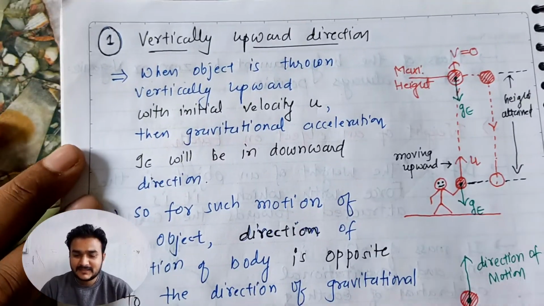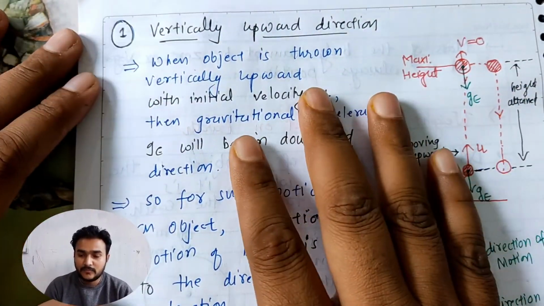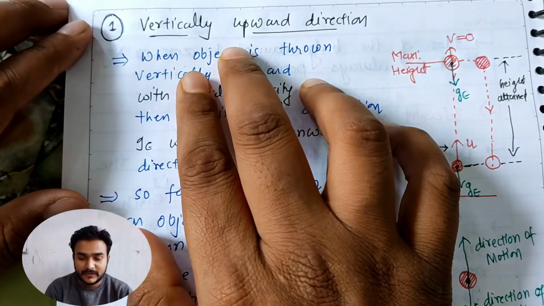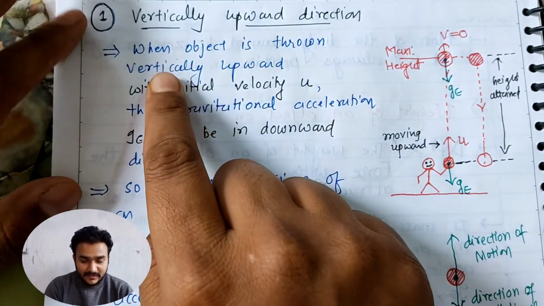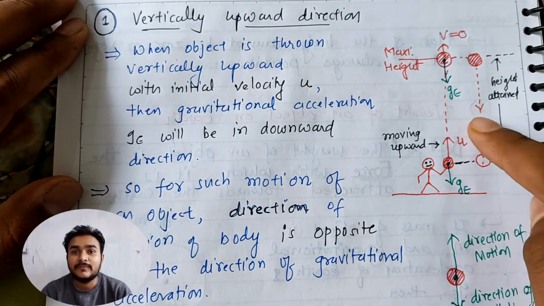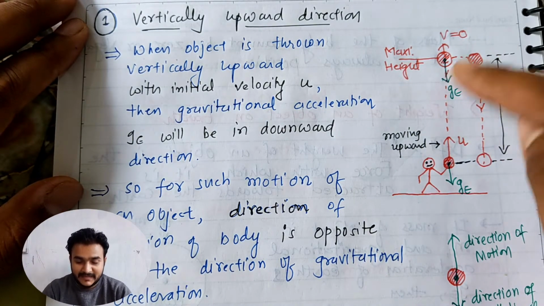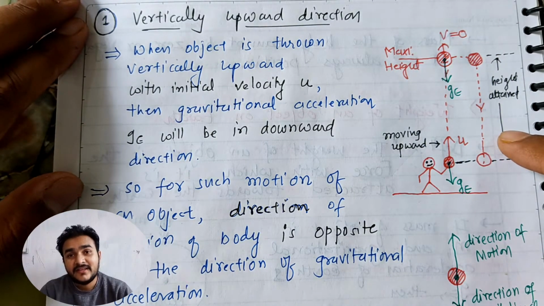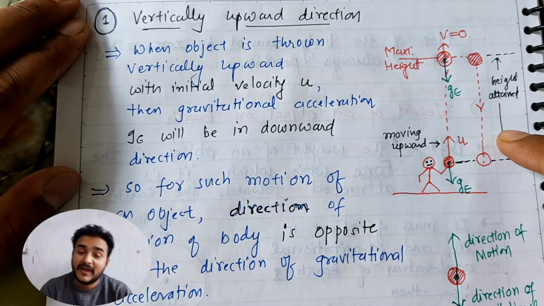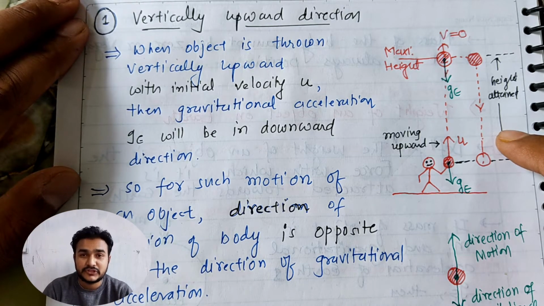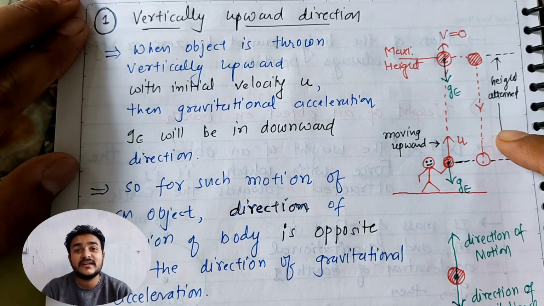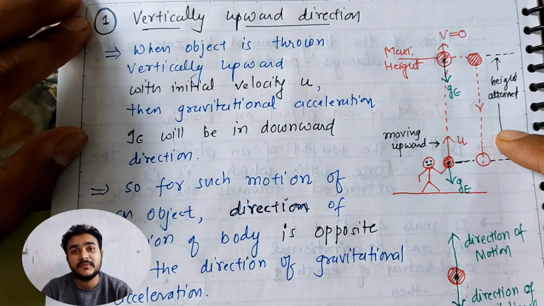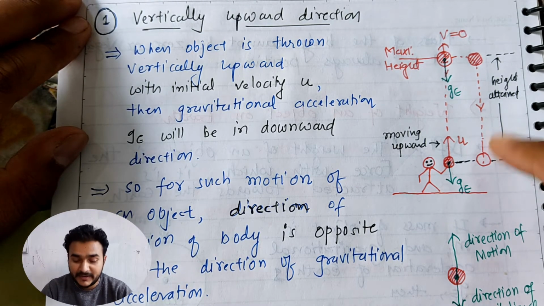Let us discuss the first kind of motion, that is vertically upward motion. Here I have shown the diagram of the vertically upward motion. In our daily life, whenever there is a vertically upward motion of an object, it is generally thrown from the surface of the earth in upward direction.